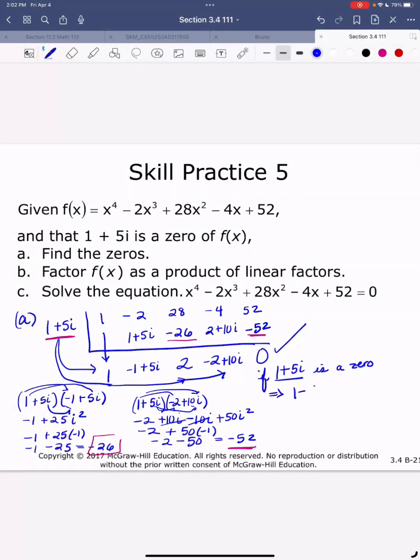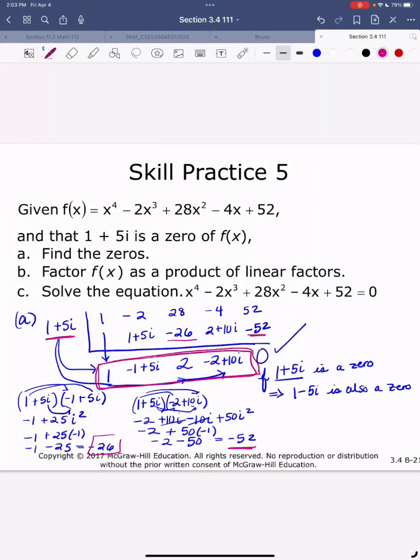So 1 minus 5i is also a 0. So we know that we've got 1 plus 5i and 1 minus 5i as both zeros. But right now, we see that our solution to this synthetic division produced this here.